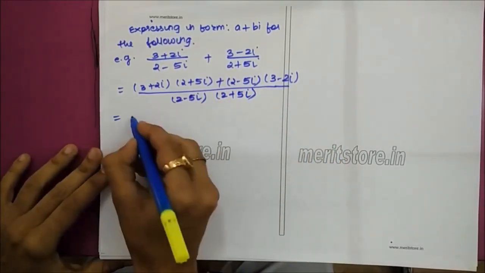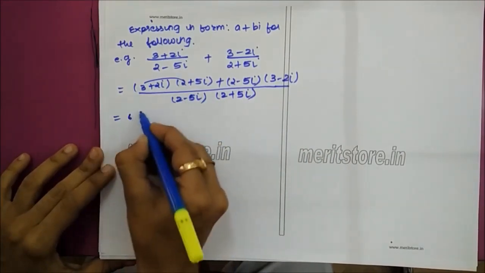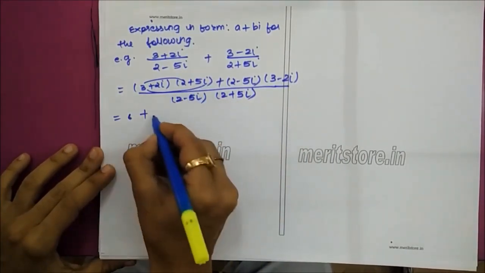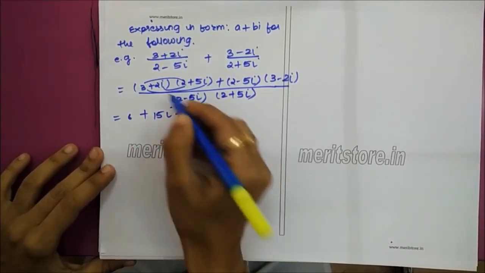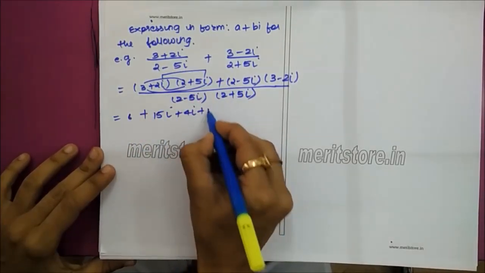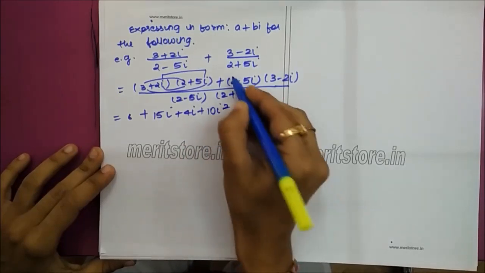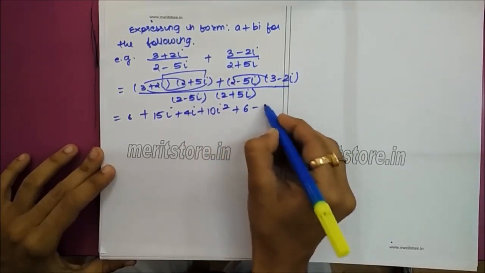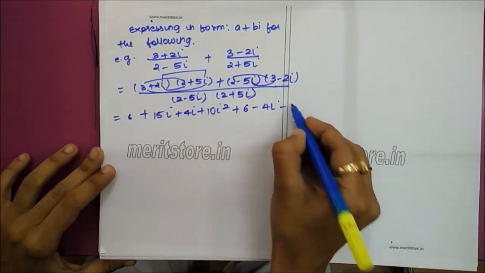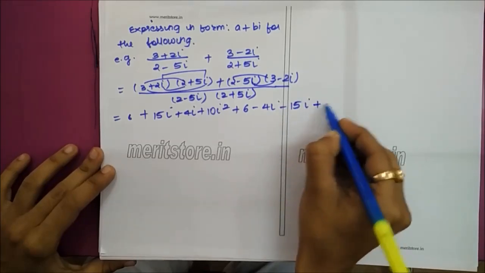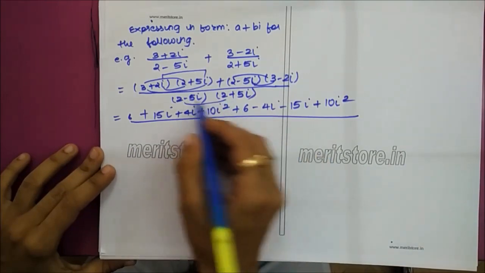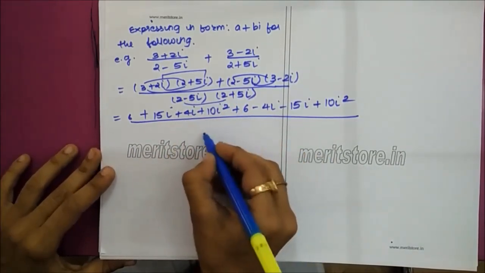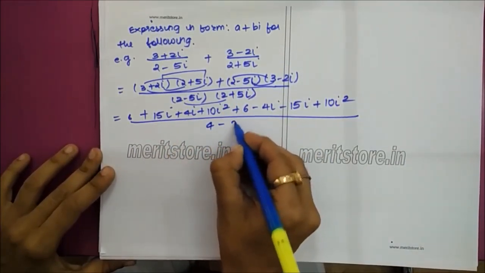Open the brackets. 6 plus 15i plus 4i plus 10i squared plus 6 minus 4i minus 15i plus 10i squared upon, this is a minus b, a plus b the whole, that is a square minus b square.